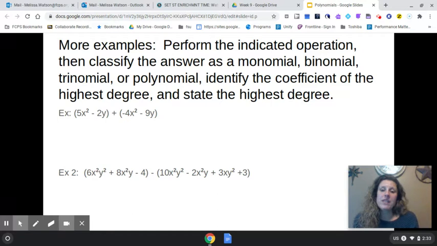We want to identify the coefficient of the highest degree and state the highest degree. We've talked about degree in a previous lesson, but just as a little refresher, degree is the highest exponent of the term. And if a term has more than one variable, you would add the exponents together to get its degree. Okay, let's take a look.